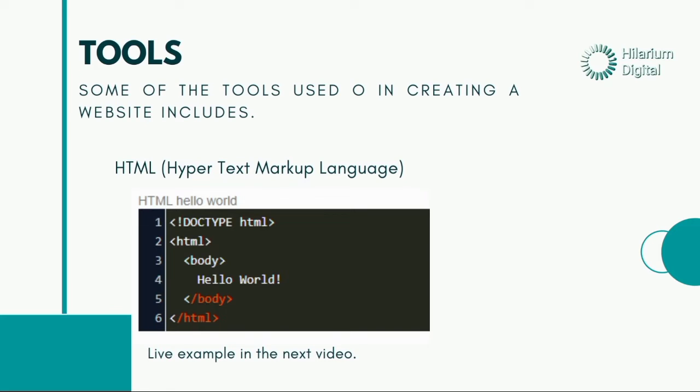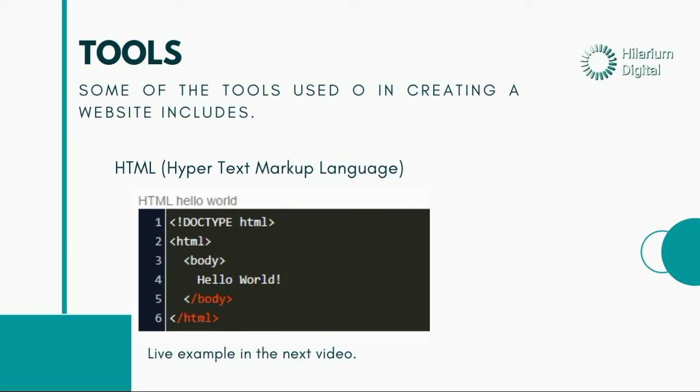The tools used in making a website are basically of two types. The HTML, which is the hypertext markup language. The HTML looks something like this, where you open your notepad. In the next video, I'm going to show you a practical way of doing this using your notepad on your computer, and you're going to input something on your notepad and it's going to bring out something in your browser.